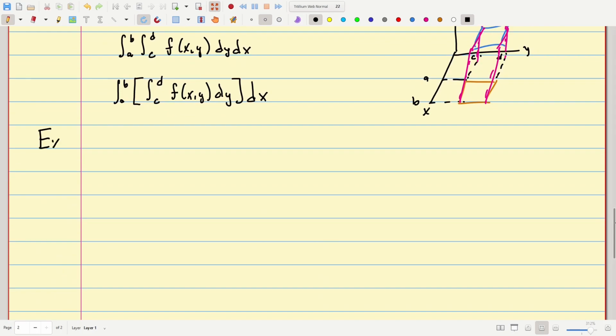So let's do a couple of examples. Eventually, you will probably get to the point where you don't need to write it this way.